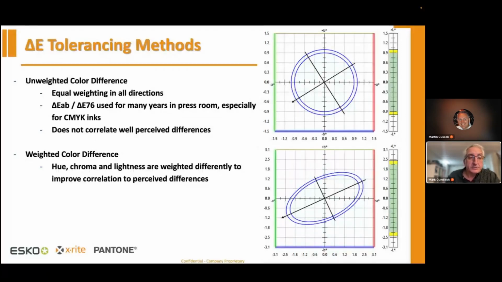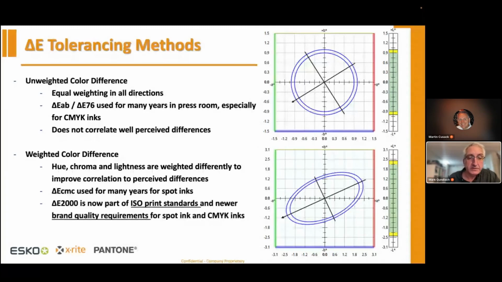We used something called Delta E CMC for many years, especially in the ink rooms and for spot inks. But more recently, in the last 15 years or so, we've been using more and more Delta E 2000, and that became part of some of our ISO print standards and a lot of our brand requirements, including for CMYK inks.